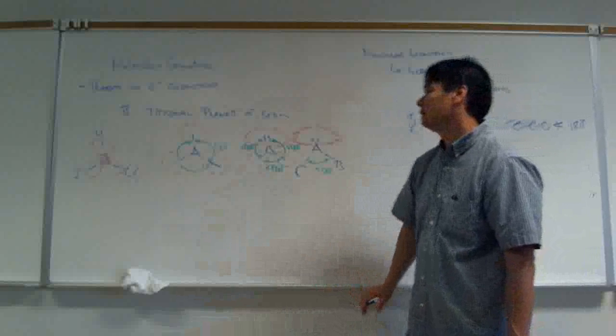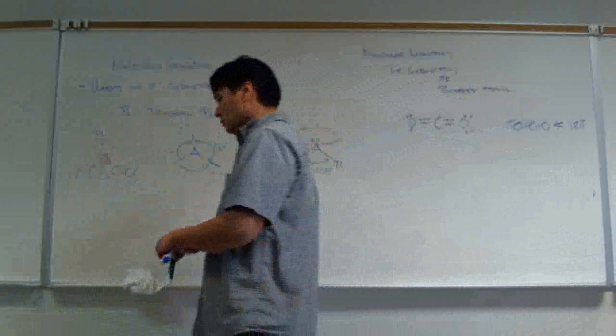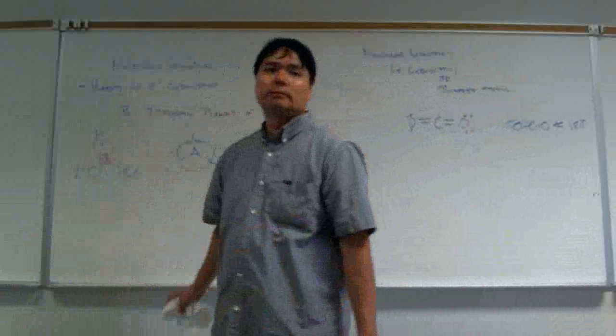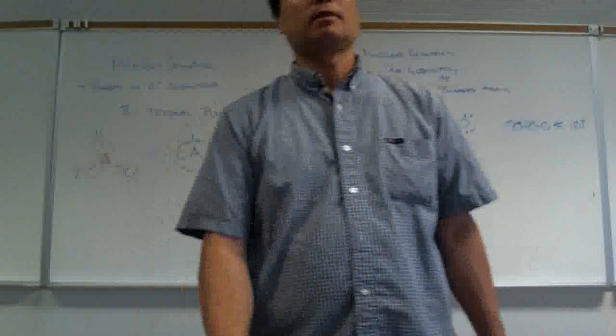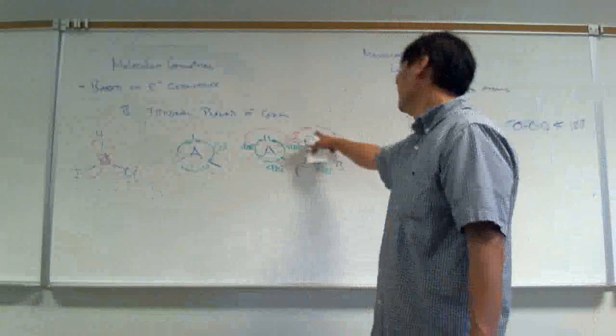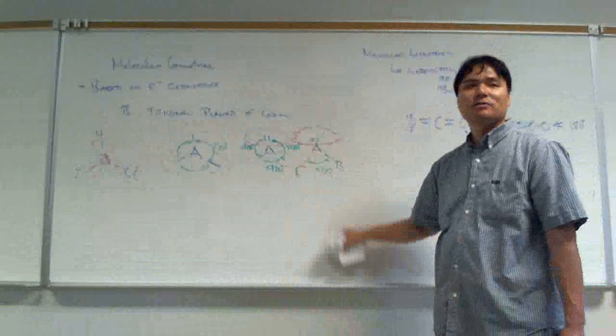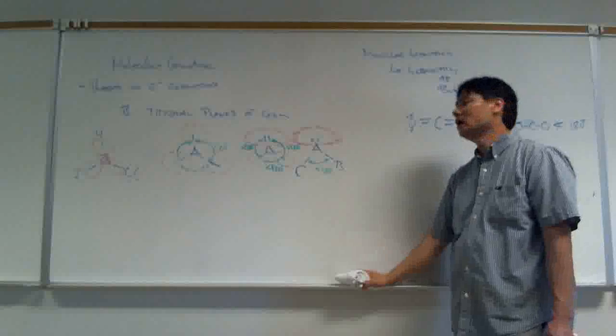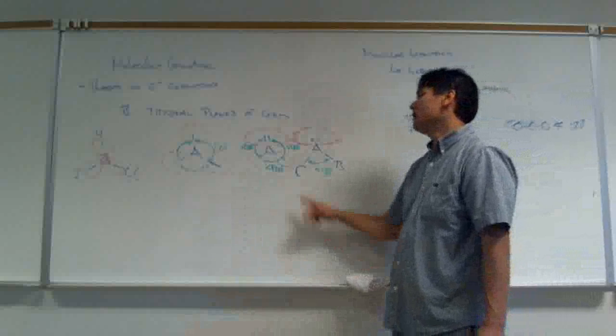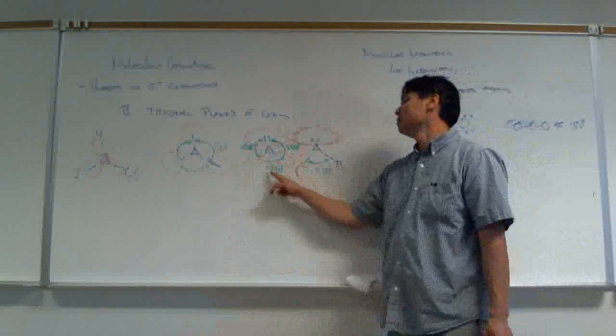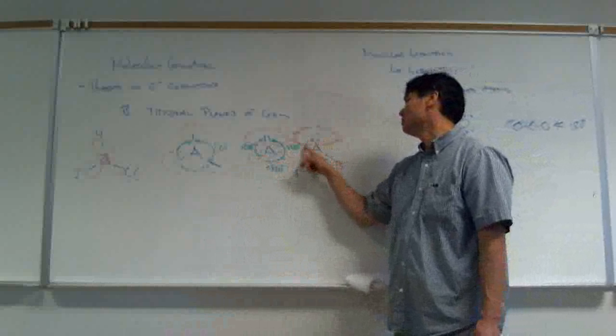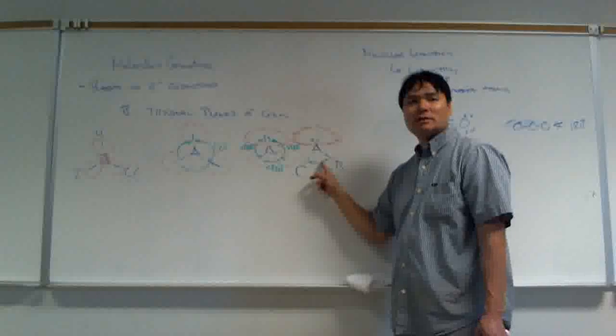So that's what we have here. But also, what is the angle between the lone pair and the single bond? Greater than 120, the same thing as that. It's about 122, 122, 116.